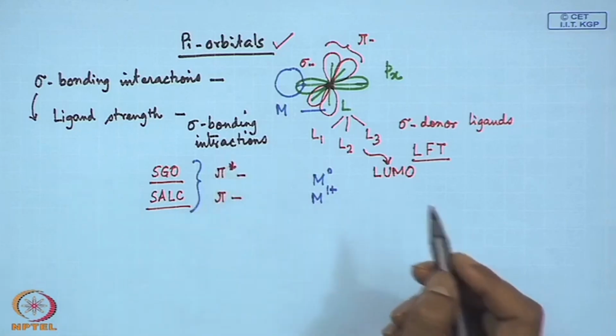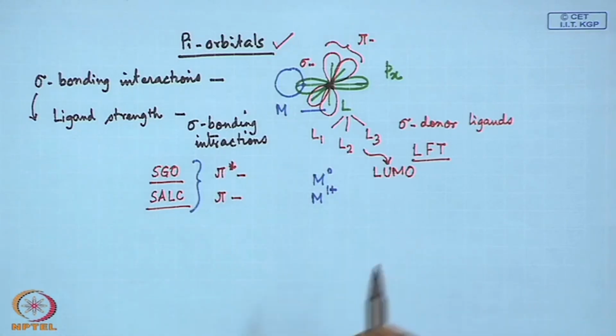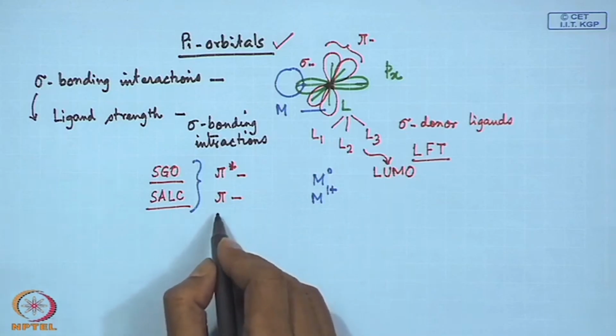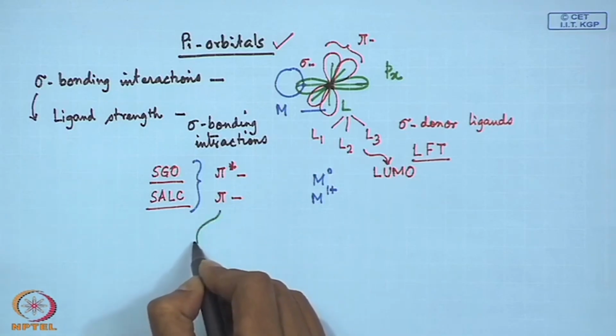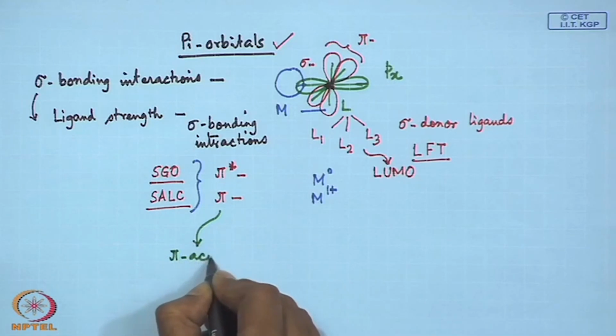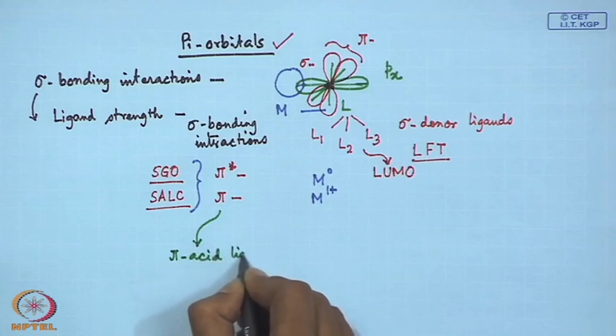So, in today's class, we will focus our attention on how we construct these pi and the pi star orbitals, because we know from our school days that there are some ligands which we consider as pi acid ligands.